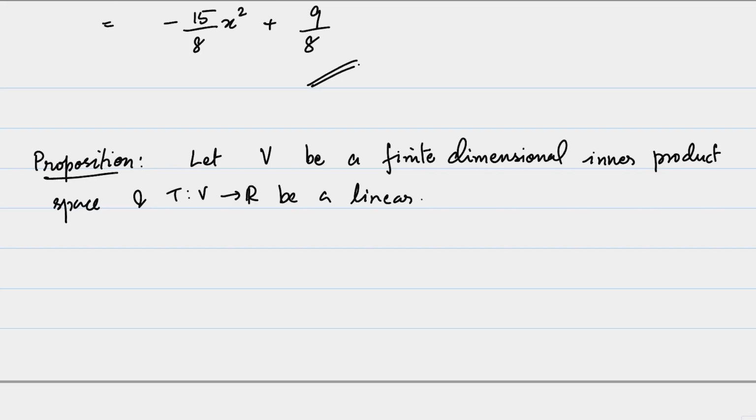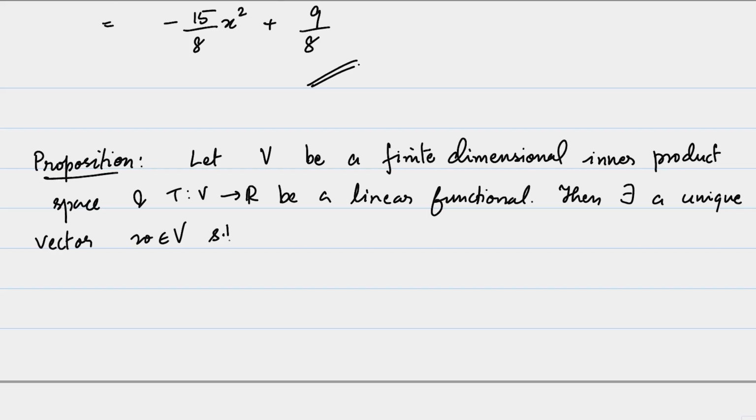Then there exists a unique vector W in capital V such that T(V) is equal to the inner product of V comma W for all V in capital V.